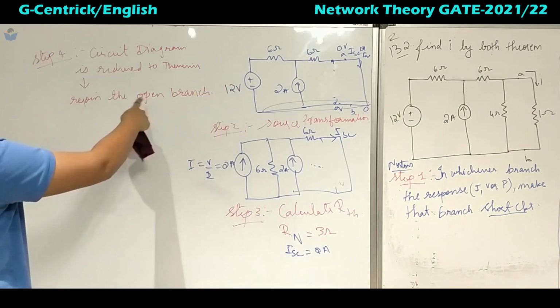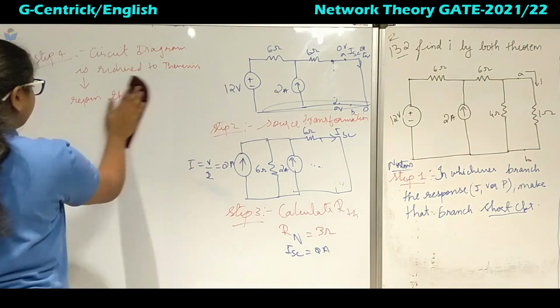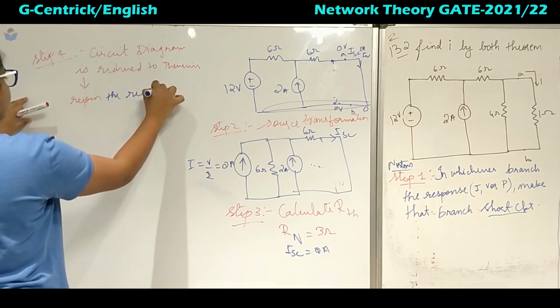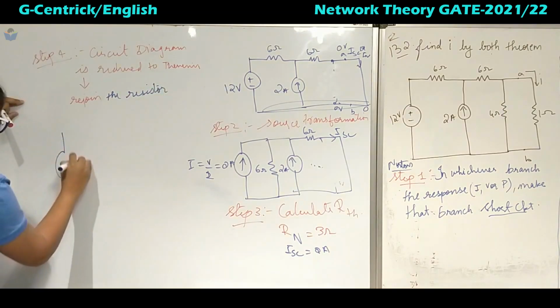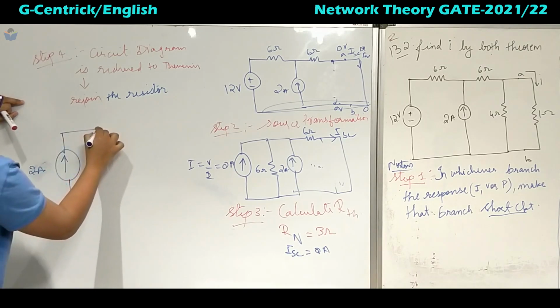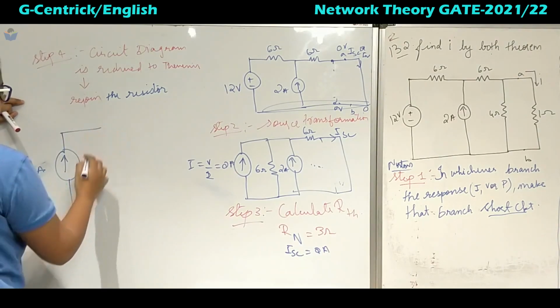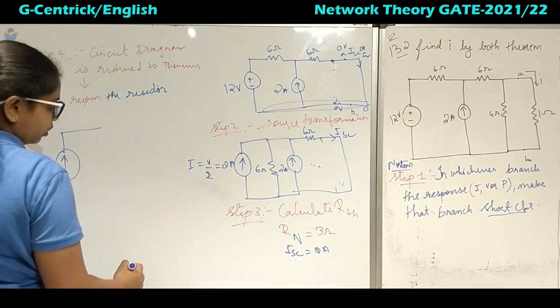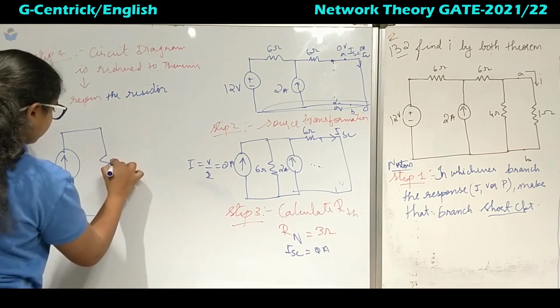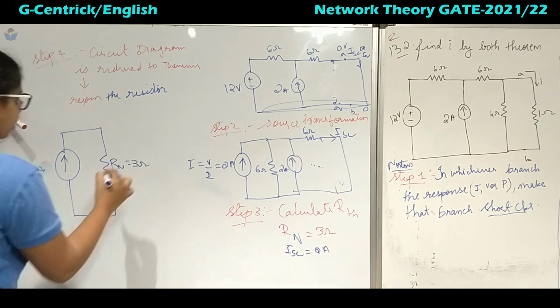Since it was short circuited, we will rejoin the resistor. ISC current is 2 amperes, and we had got RN as 3 ohms.